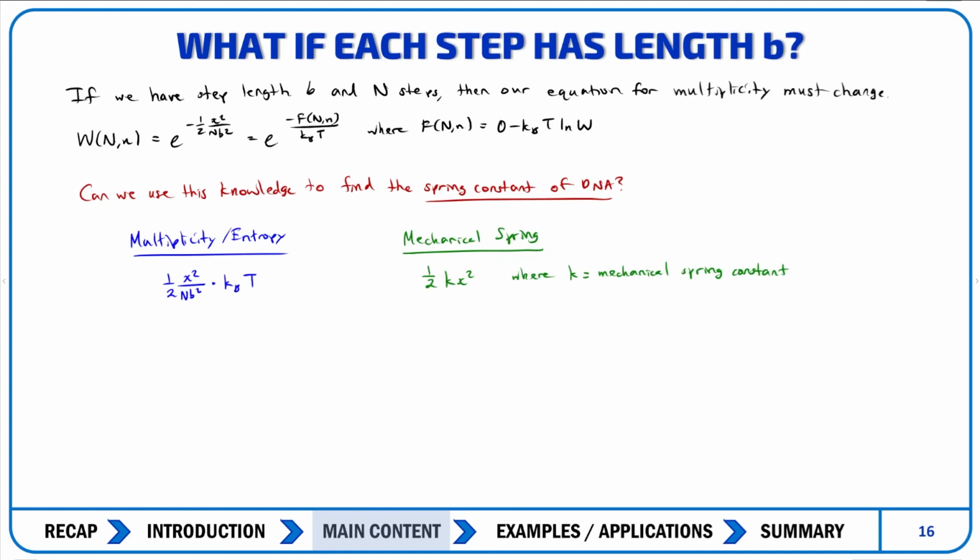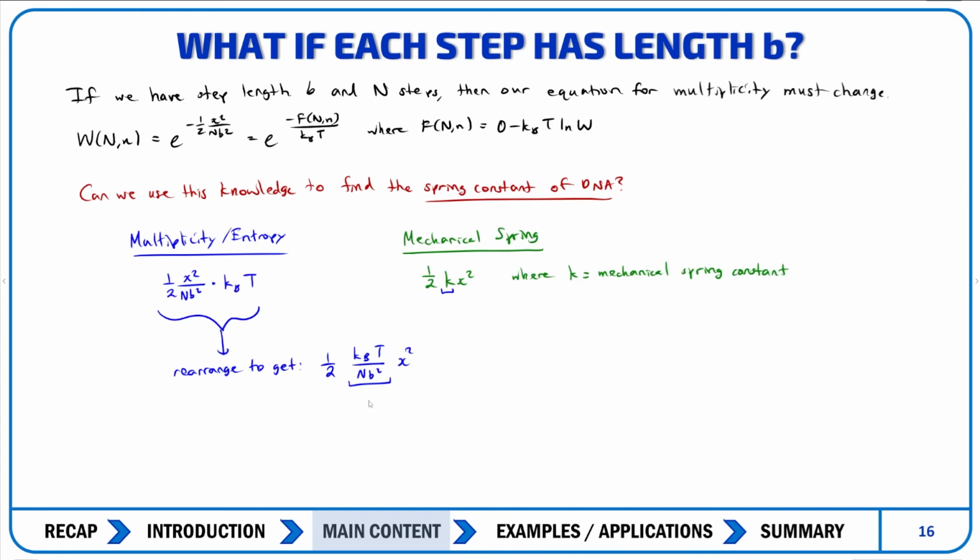So if I try to rearrange this, I'm going to get 1/2, and then I can have kBT over nb squared, and then I have x squared. So the goal is to make it look like this. So I'm going to isolate k, and I still have some form that has 1/2 kx squared.